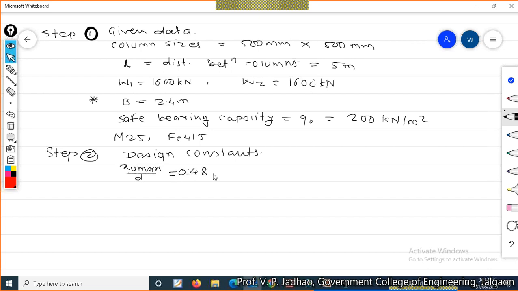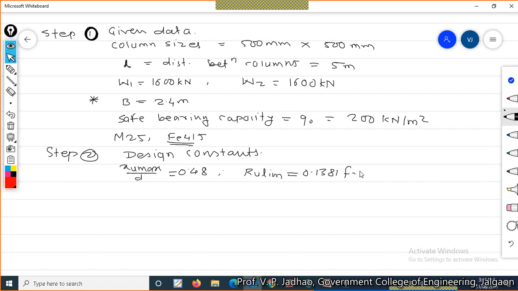Correspondingly, the value of RU limiting for this condition, that is for Fe 415, is 0.1381 into FCK.